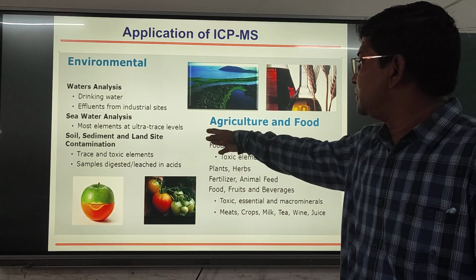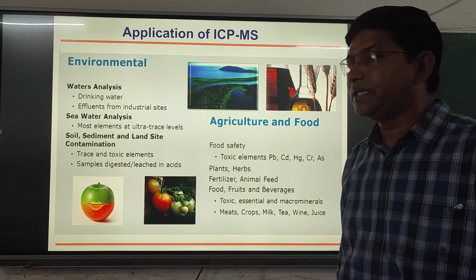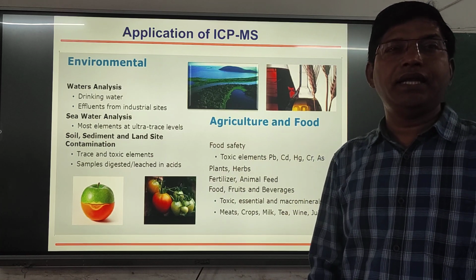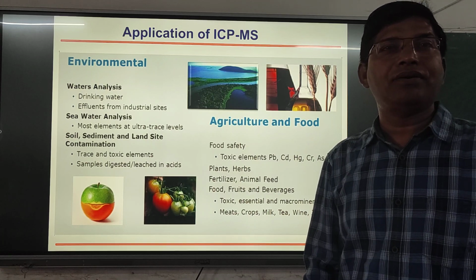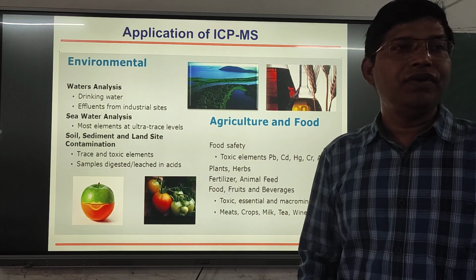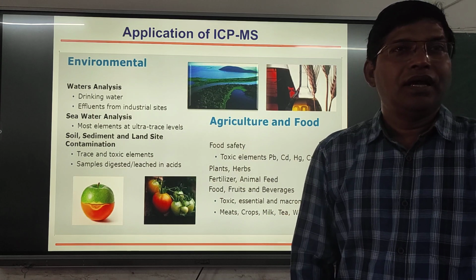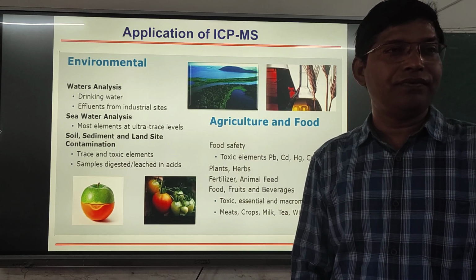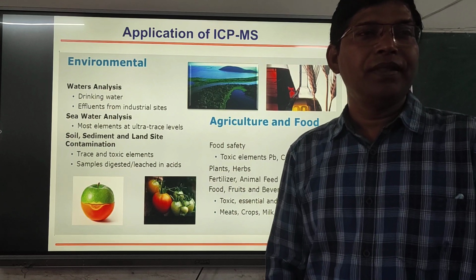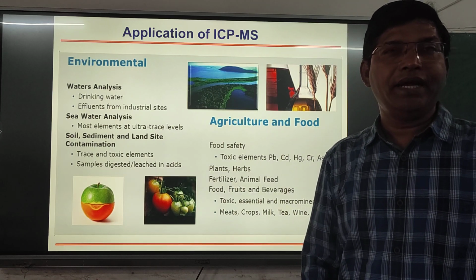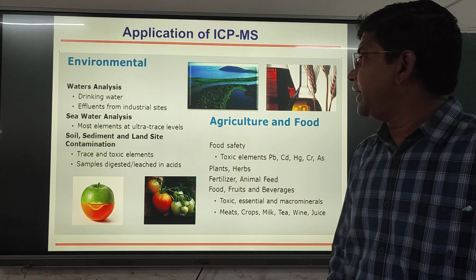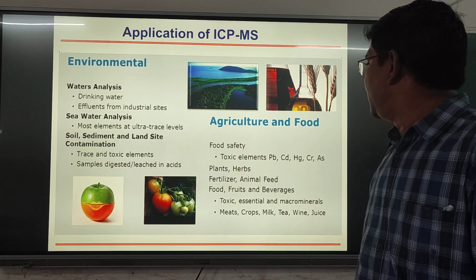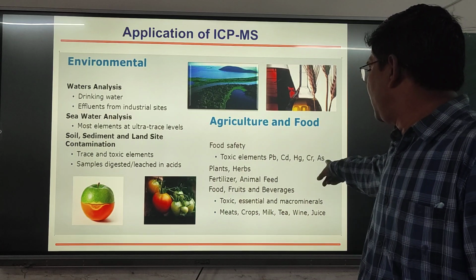We can also analyze contaminants, trace elements like arsenic, mercury, lead, cadmium. These are very toxic elements, and we should be aware that what we drink or eat should be clean, and we can use this technique for determination of toxic elements from the sample.